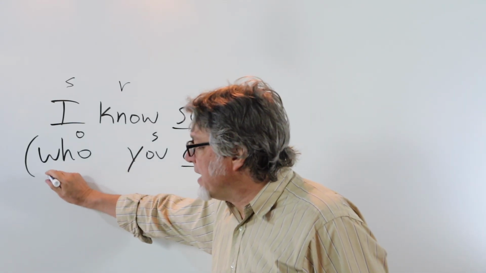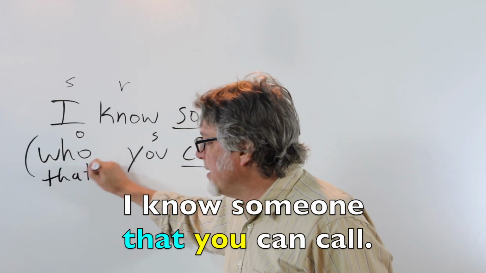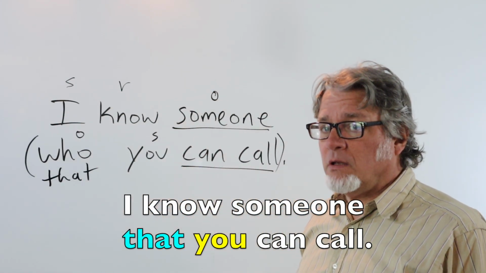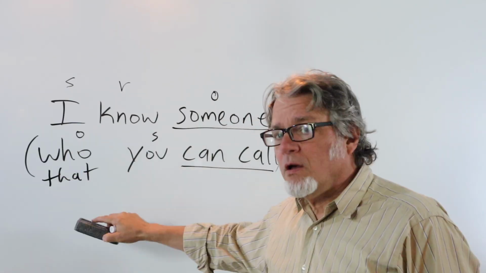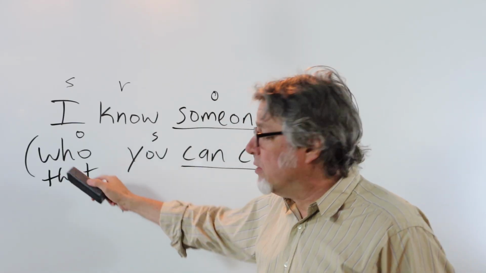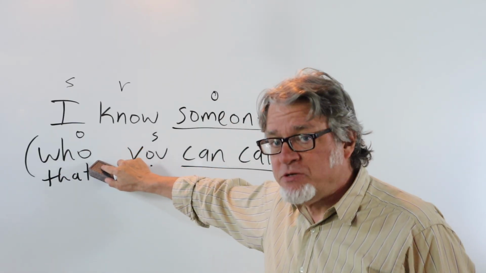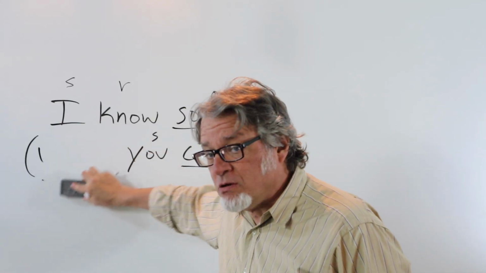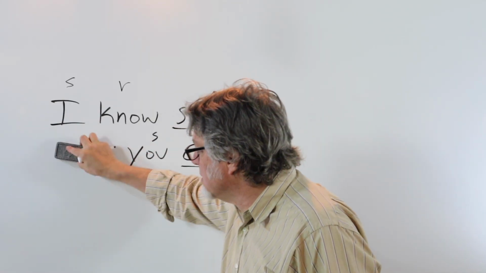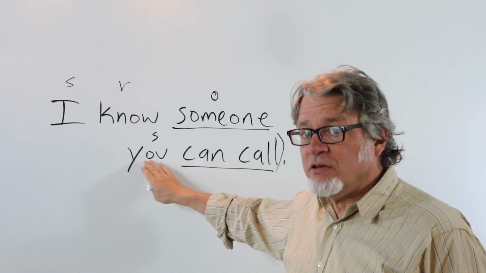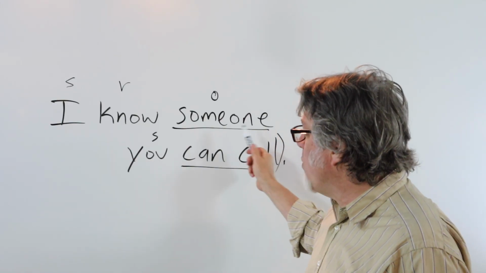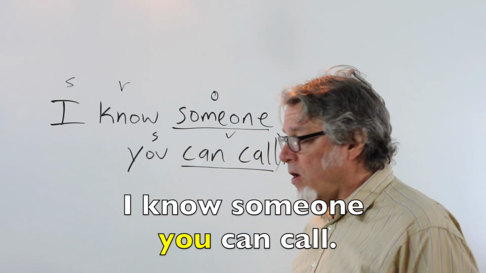You could also say, I know someone that you can call. Or take this off. When the relative pronoun is in the form of an object, it's optional. You don't need it. You still have the subject in the adjective clause. I know someone you can call.